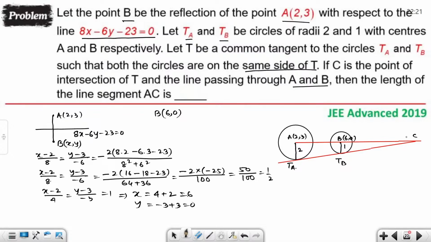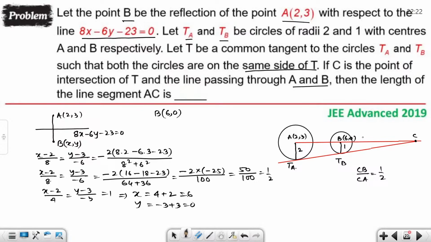We all know that point C will divide the line joining AB in the ratio of 1:2. That is, CB over CA is 1:2, right? So the point C is dividing the line joining A and B in the ratio 1:2 externally.